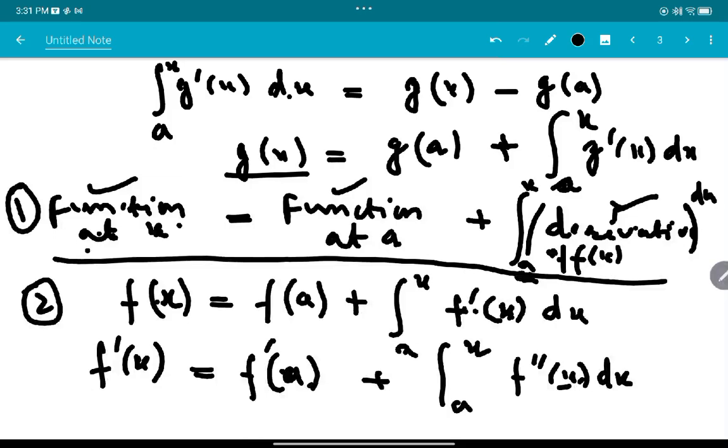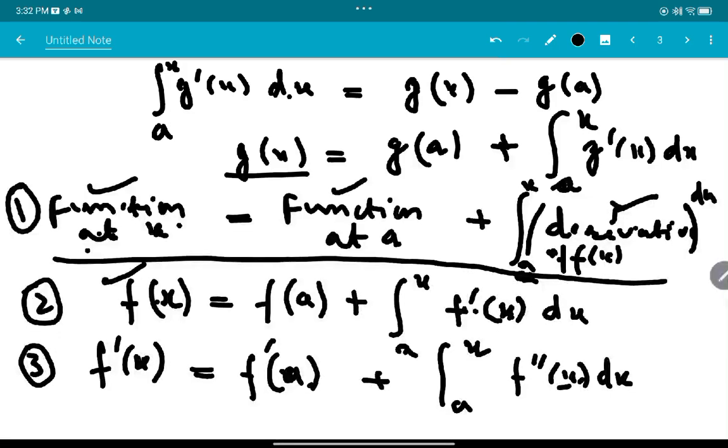Please remember one thing: you may tend to think that I have actually differentiated equation 2 to get this equation for f dash x. I have not. Rather, I have got this equation third, not from 2, but from 1, the fundamental theorem of calculus.